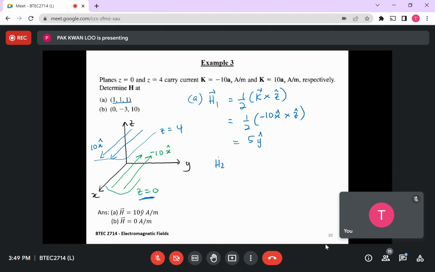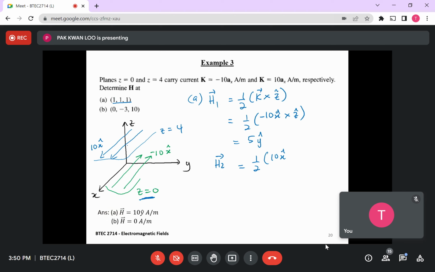For H2, the contribution by positive 10 x, again I have half 10 x cap.